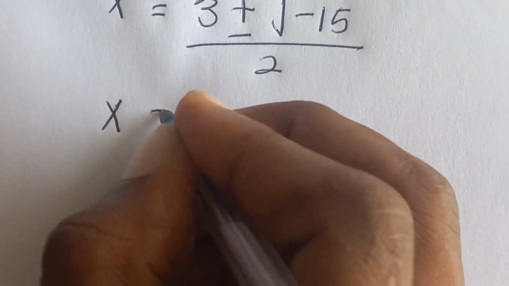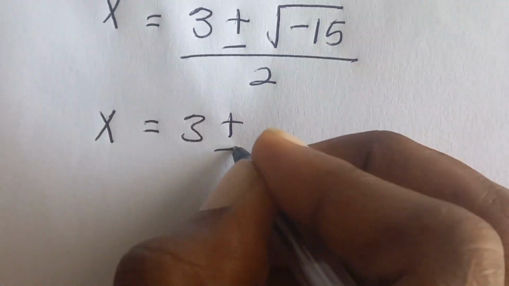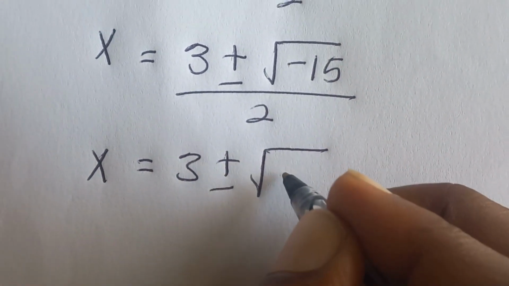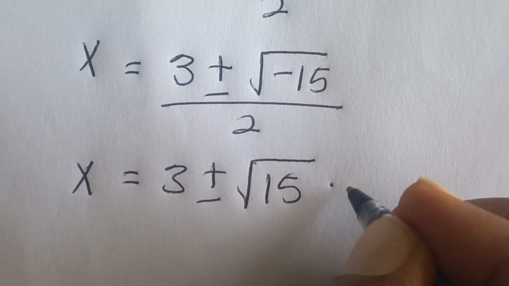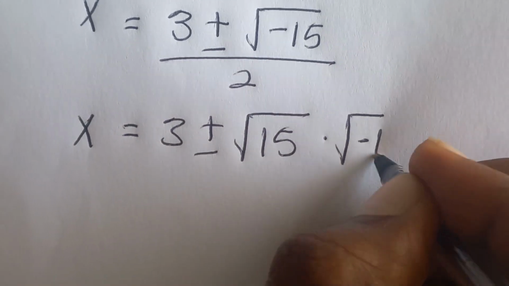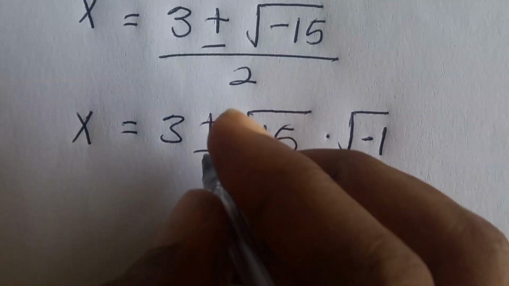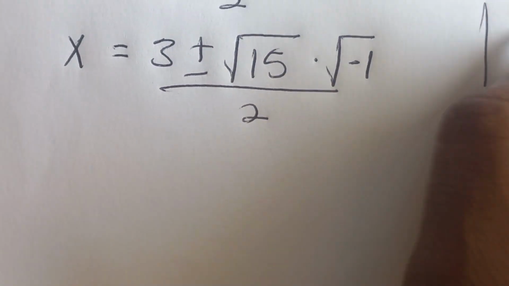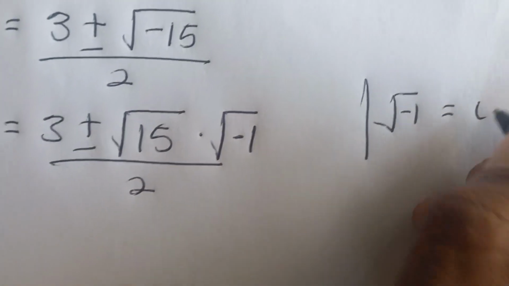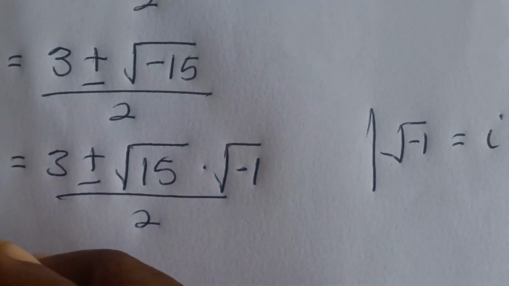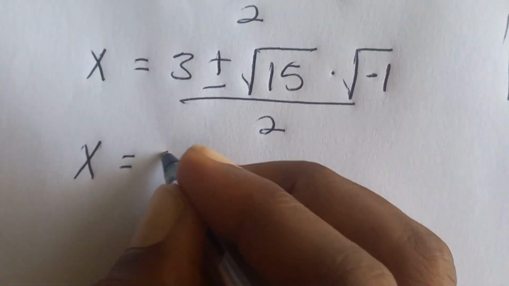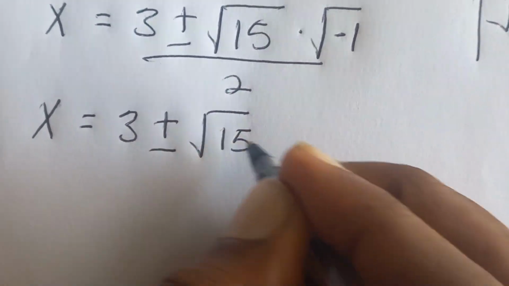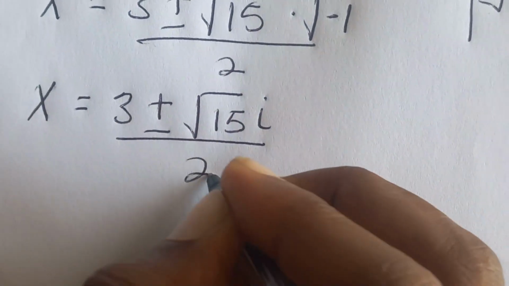So our x is equal to 3 plus or minus this negative 15. We can rewrite it as 15 multiplied by square root of negative 1, okay, all over 2. And square root of negative 1 is i. So our expression becomes x is equal to 3 plus or minus square root of 15 i over 2.